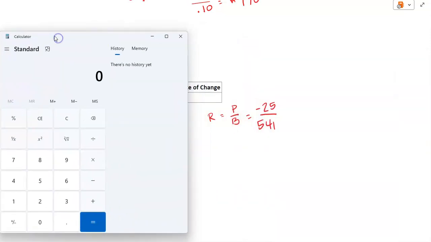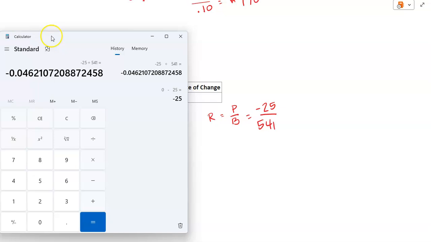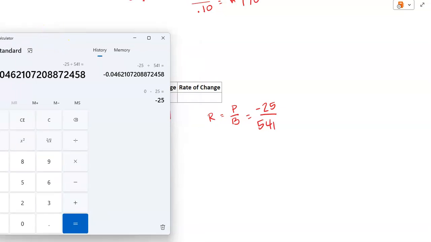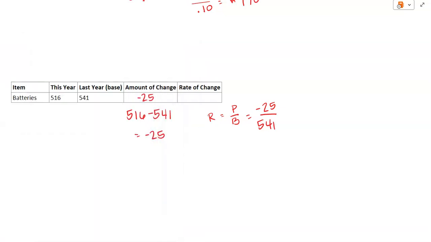So I'll bring my calculator out for this. Negative 25 over 541 gives me negative 0.046, and I'm rounding to the nearest 2 decimal places after that.